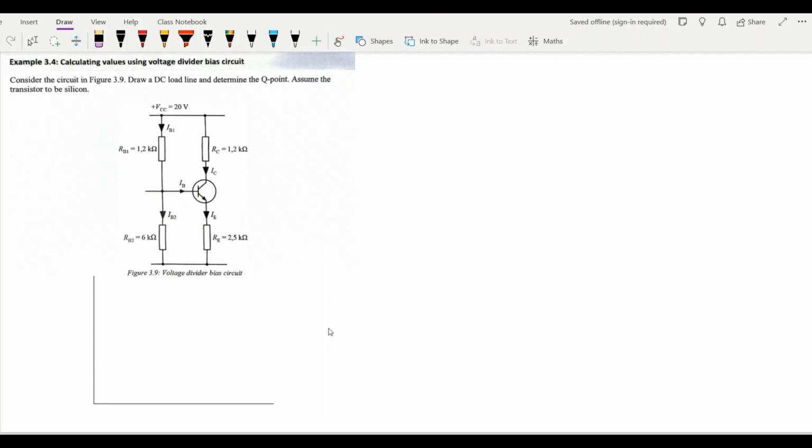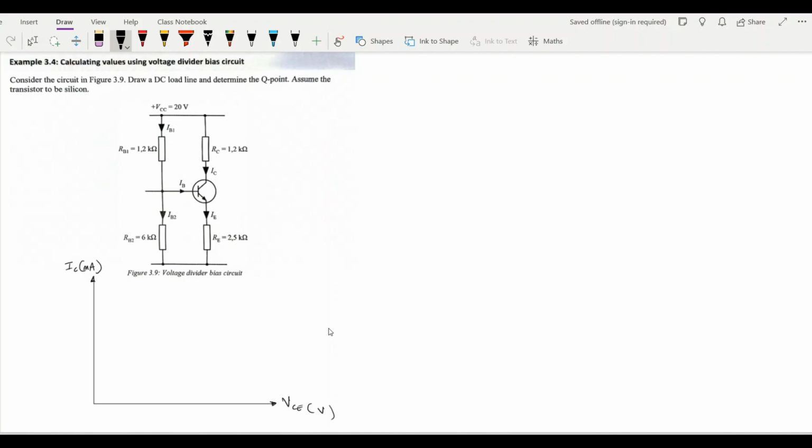We are going to have the value of IC here, in milliamperes, and then we will have the values of VCE here, of course in volts.